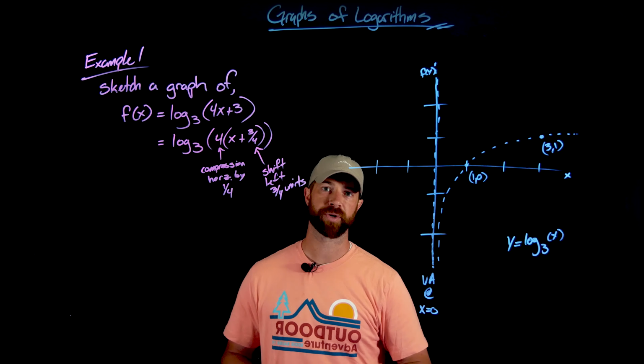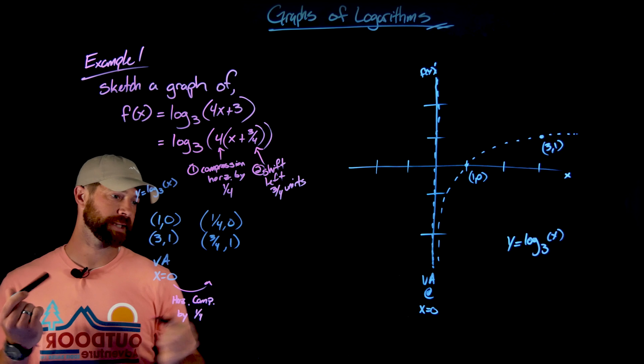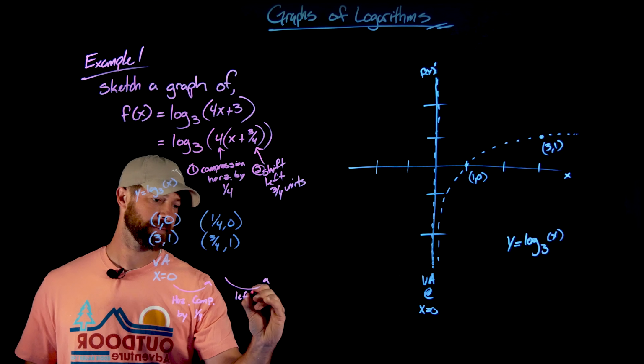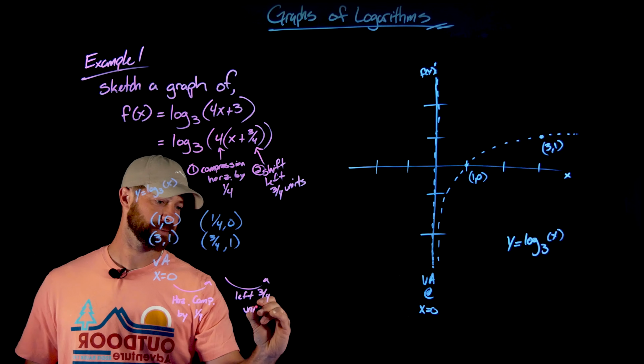So this is a horizontal compression by 1/4, and that means multiplying the x values by 1/4, so I get (1/4, 0) and (3/4, 1) as my new points. Then I use my horizontal shift, shifting left 3/4 units. That means I subtract 3/4 from both of my x values, so this is left 3/4 units.